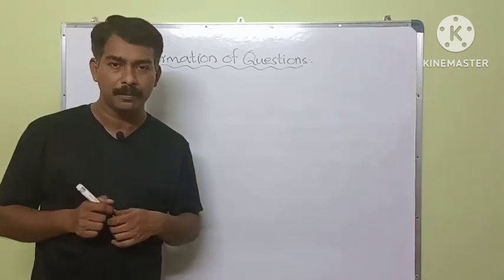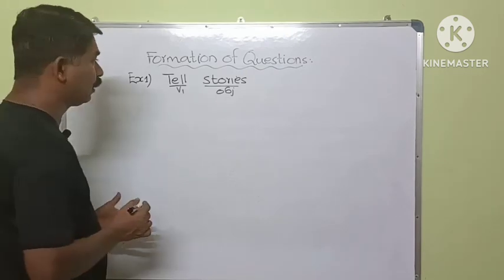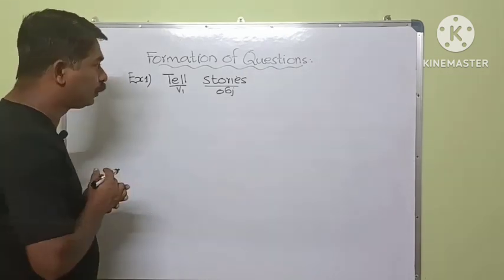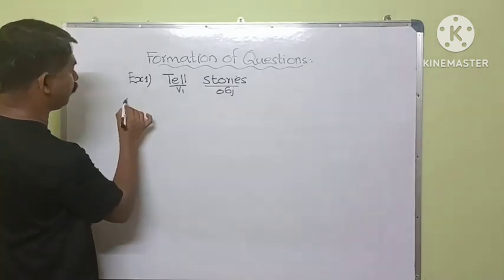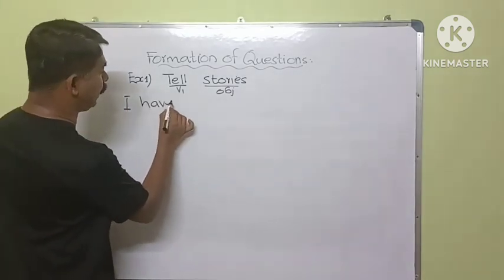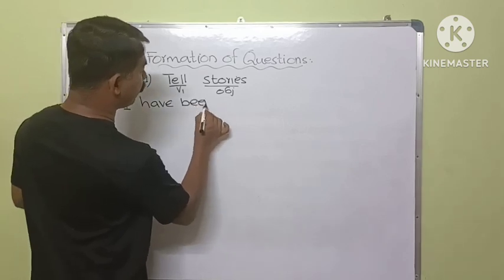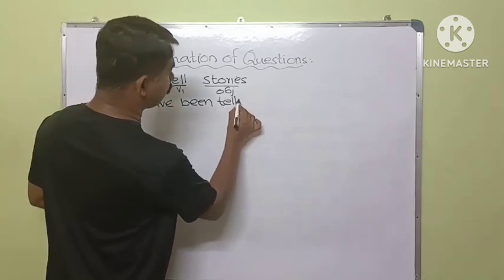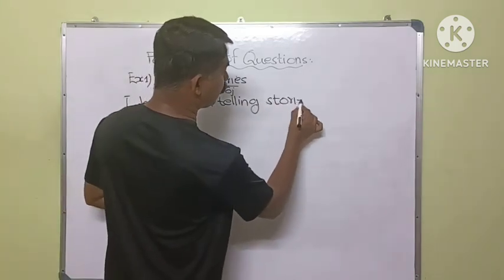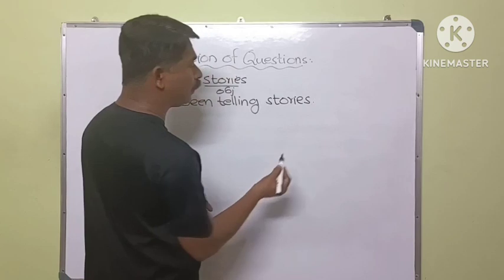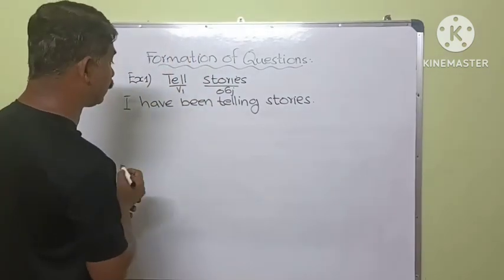Examples. Example number 1, tell stories. Tell is the first form of the verb, stories is its object. I have been telling stories, full stop. It is an affirmative sentence.